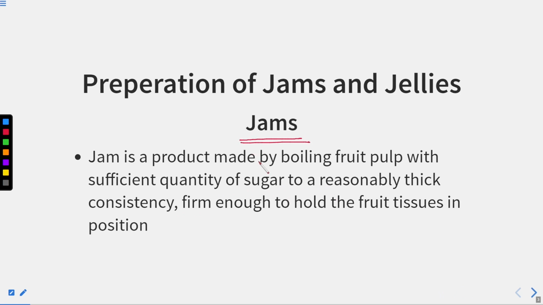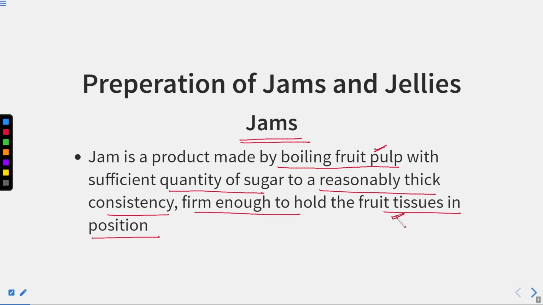Jam is a product made by boiling fruit pulp with a sufficient quantity of sugar to a reasonably thick consistency, firm enough to hold the fruit tissues in position. If we are using the fruit pulp, it means that we are using the fruit tissue, right?